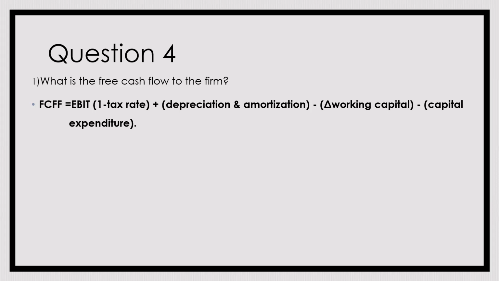When the debtors are increased, there is a negative impact on the working capital. When the inventory increases, negative impact on the working capital. When the creditors are increased, since it is a liability, it has a positive impact on the working capital. Therefore, you have to keep that in mind and you have to add or deduct the change in working capital to the free cash flow.